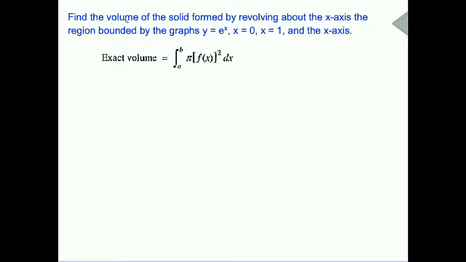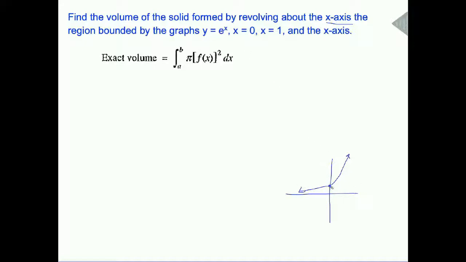So this next one, find the volume of a solid formed by revolving about the x-axis the region bound by the graphs y equals e to the x, x equals 0, x equals 1, and the x-axis. So we are rotating something about the x-axis. We can draw a quick sketch of this. This is e to the x, an exponential function.